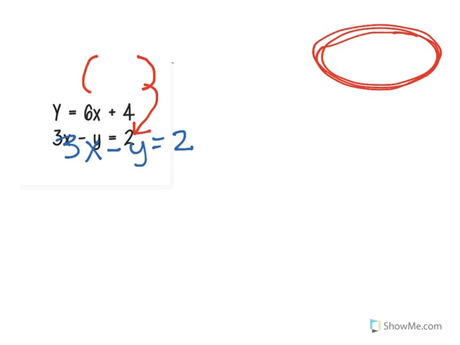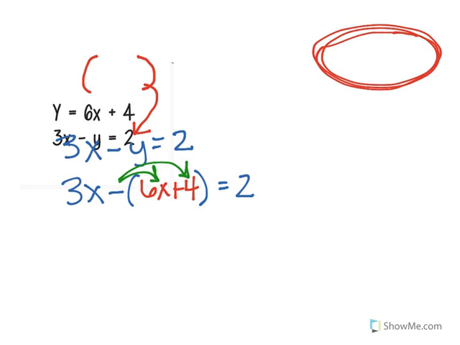So I'm just going to rewrite this equation, 3x minus whatever y is equals 2. So I'm going to plug in what y is, which is 6x plus 4, and I'm going to solve. I have this negative on the outside of my parentheses, so I'm going to distribute that.